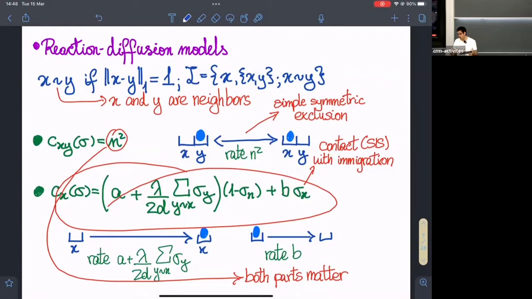So I'm only going to make exchanges between neighbors, and then the flips are going to happen everywhere, so all sites can be flipped. And now let me write down the rates. In reaction diffusion models there are two components: the reaction component and the diffusion component.